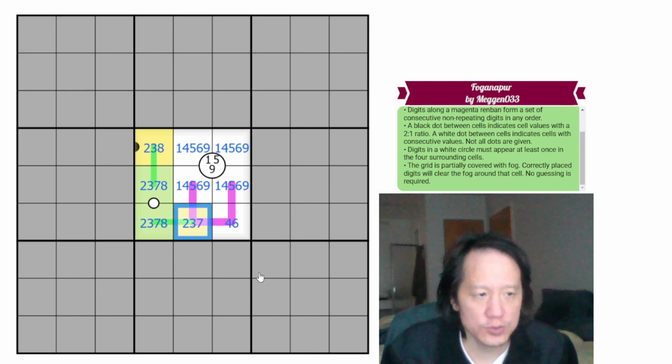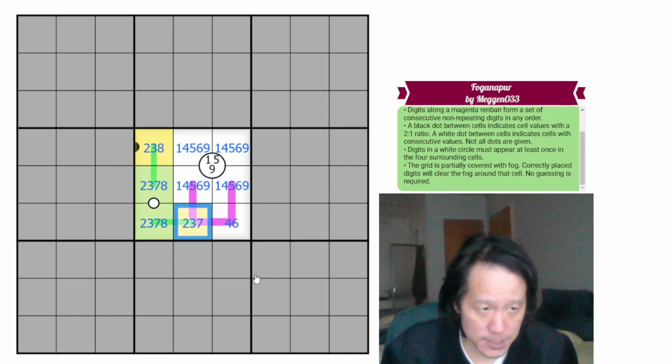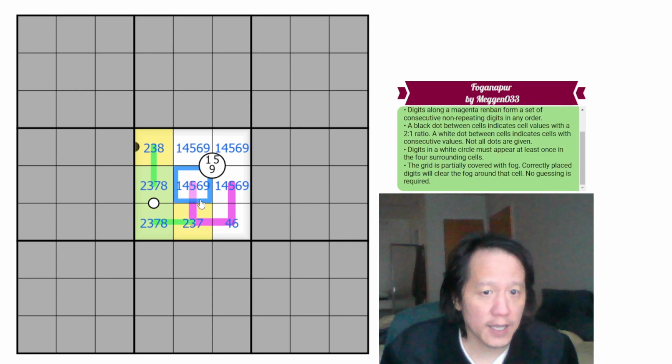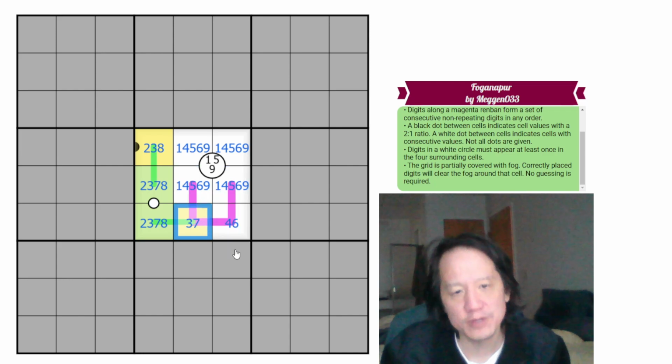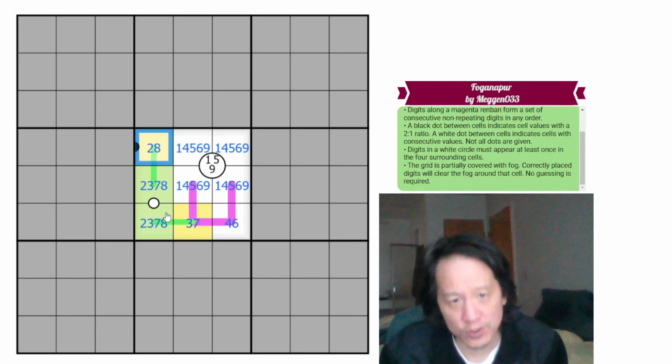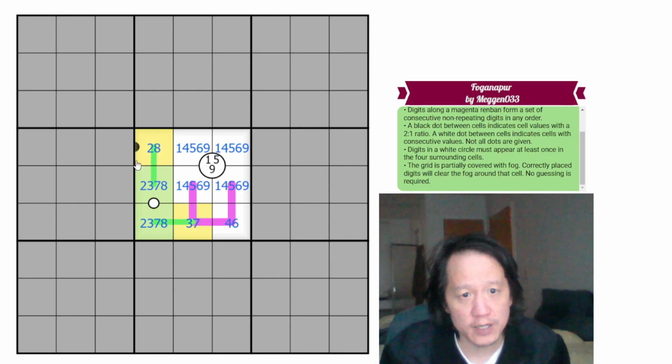Now, if this is 2 or 3, it cannot be, if it contains a 2, the 3 can't be on this Renban, and the 2 would require the 3 to be on the Renban. Therefore, this cannot be 2, which means this can't be 3. So this is 2 or 8, and it must be with a 1 or a 4 then.